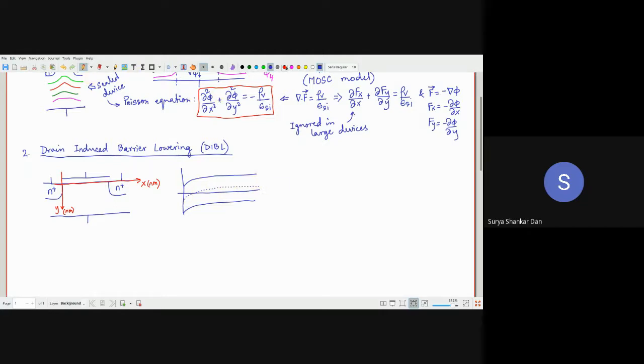This was EF, this was phi F. This was EI. This was EC. This was EV. And from here to there will be the surface potential, q phi S. Typically, this is what we have seen.